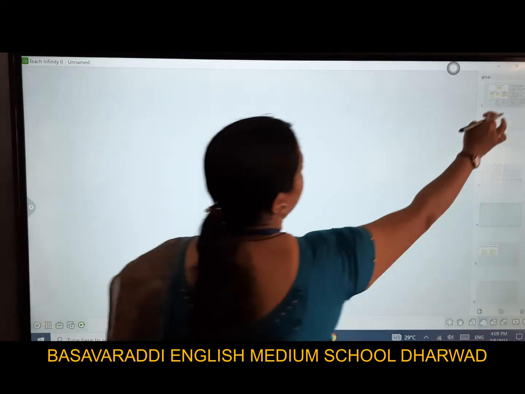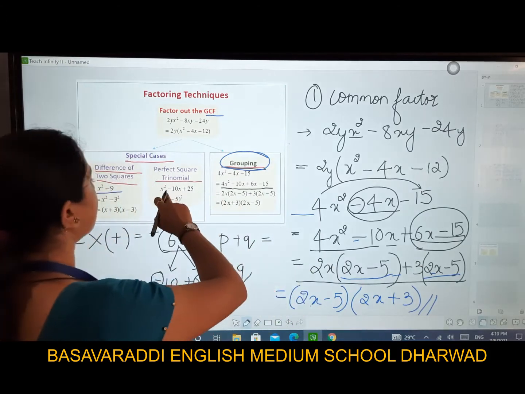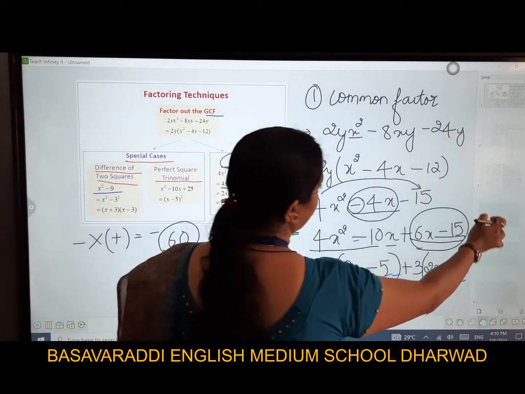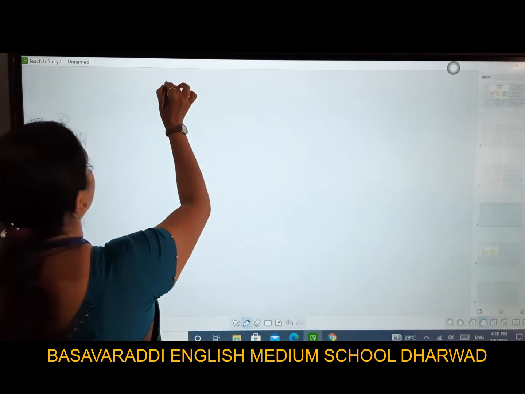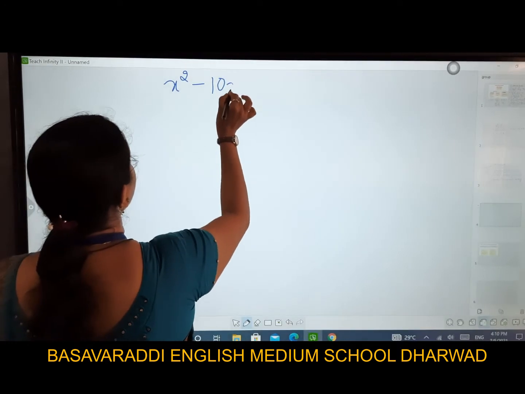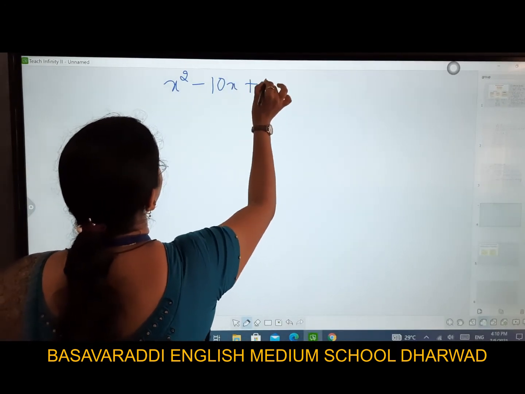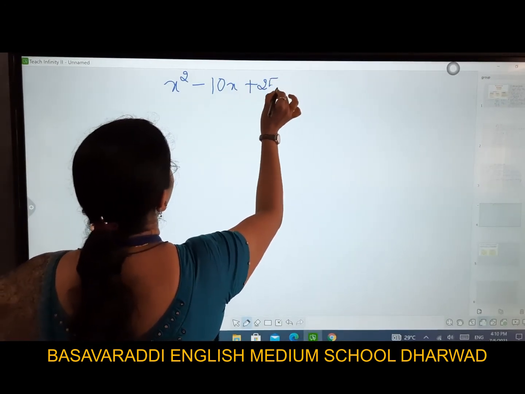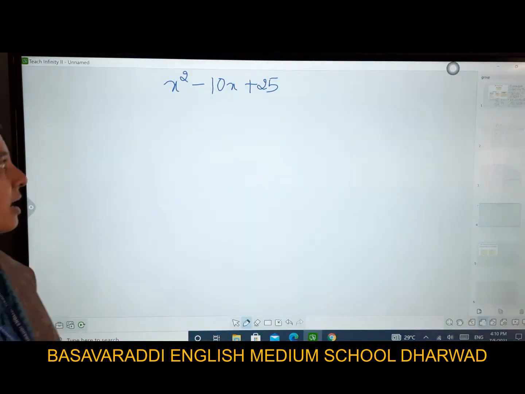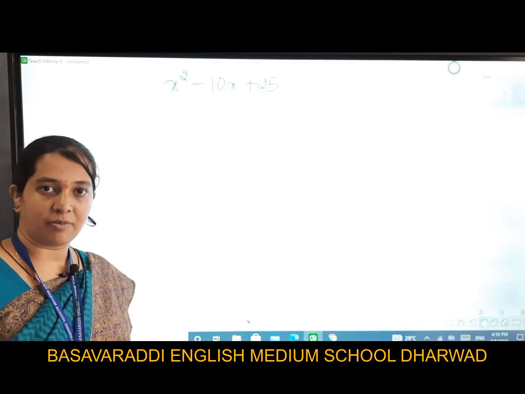So the given example we have is x square minus 10x plus 25.